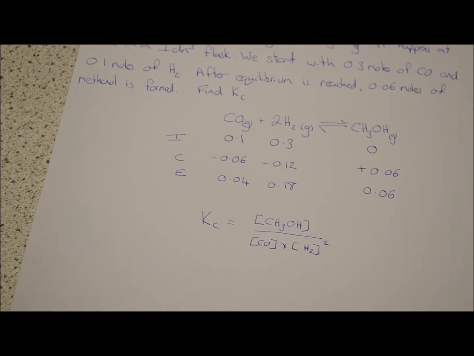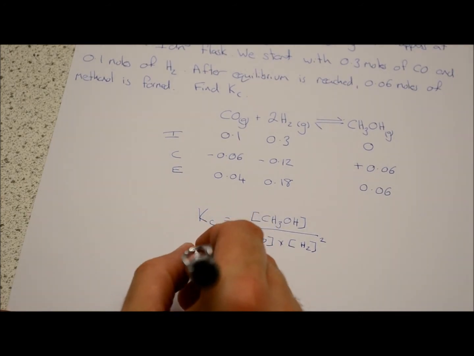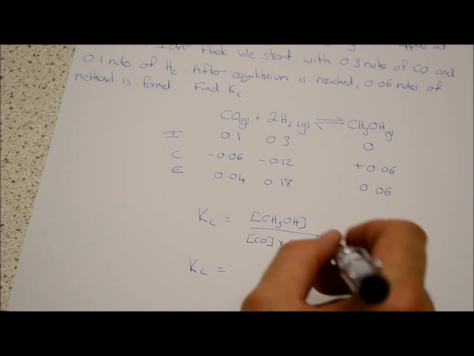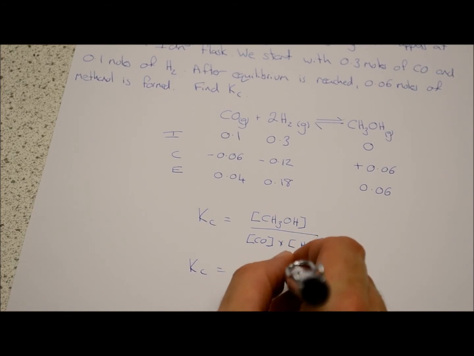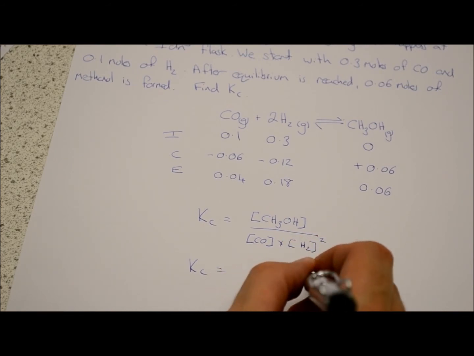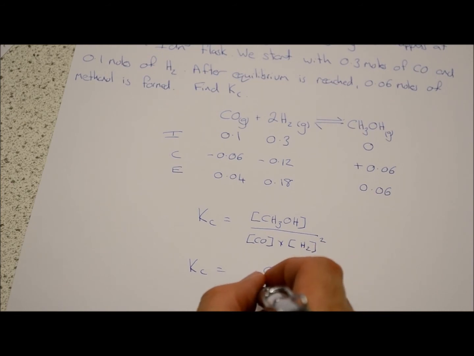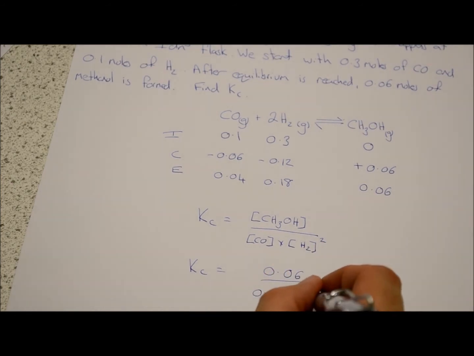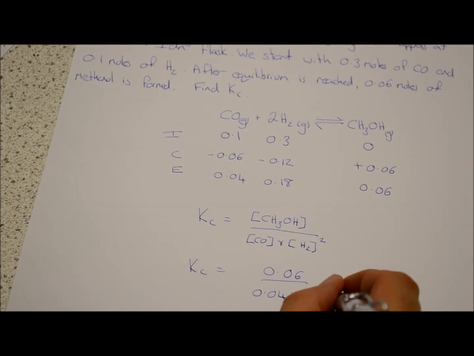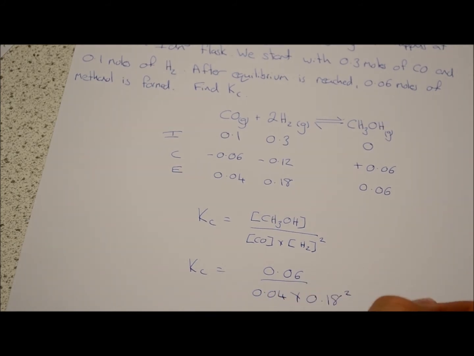So if we now put the numbers in, Kc is equal to 0.06 divided by 0.04 multiplied by 0.18 squared, which gives us a value of Kc 46.3.